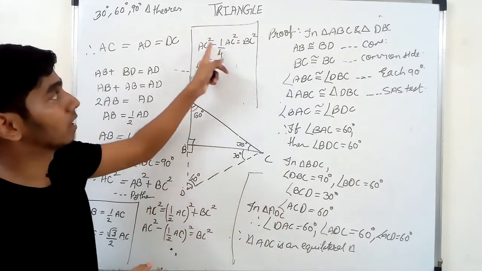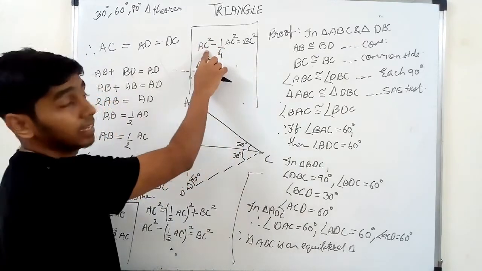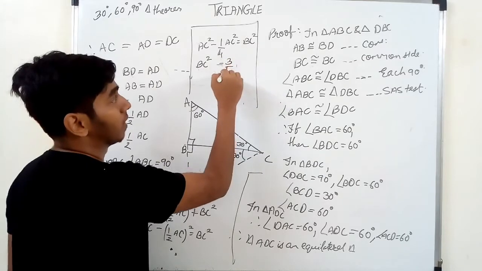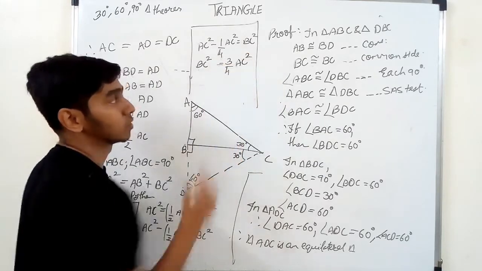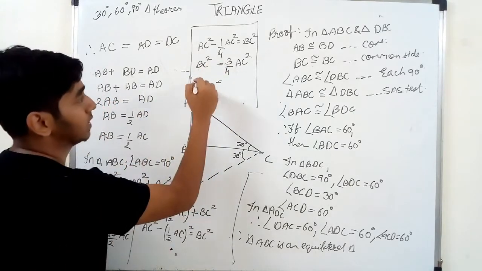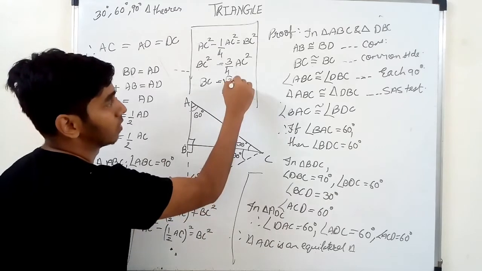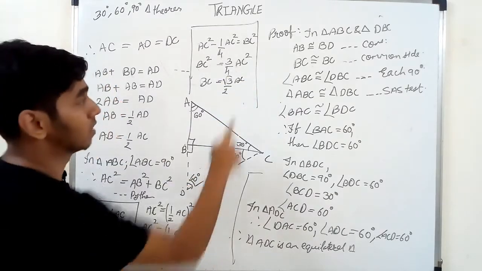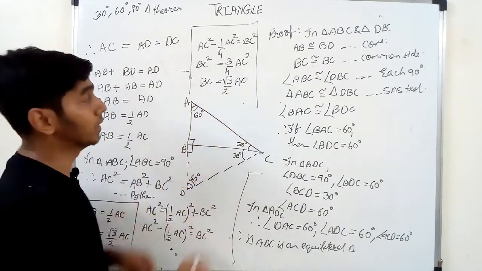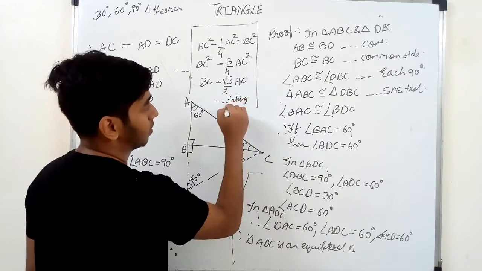Now you know how to subtract this. It is like 1 AC square minus 1 by 4 AC square. So that will give us 3 by 4 AC square, right? So when you take square root on both the sides, you get BC equal to root 3 by 2 AC. This is AC. The reason for this will be taking square root.